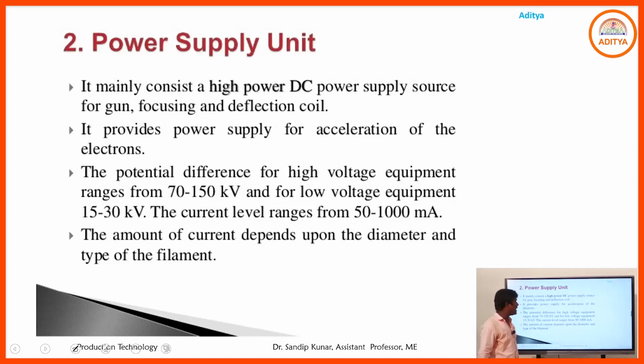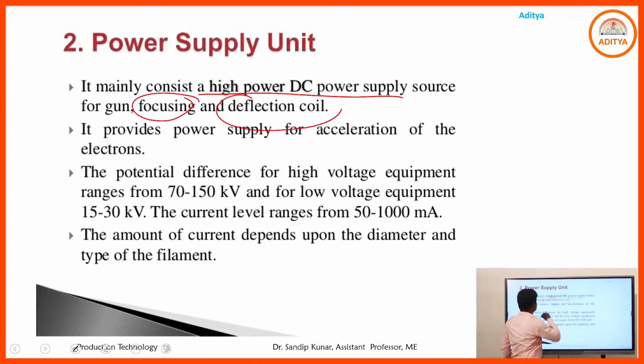Power supply units. Generally we use a high power DC power source in case of the gun, and that power supply is also connected to the focusing and deflection coil. Means that power supply helps to generate the high velocity electron beams in that particular electron beam setup.